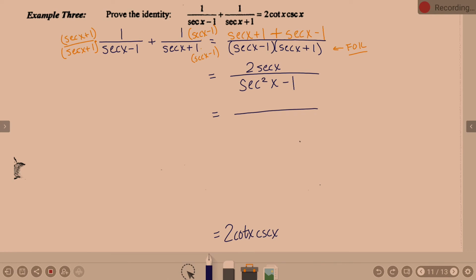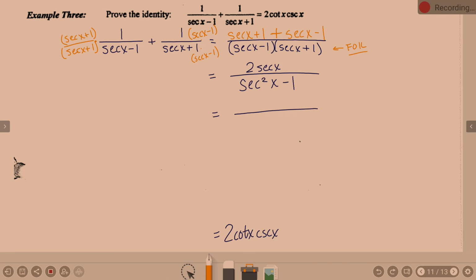Secant squared x minus 1 equals tangent squared x. What are you guys seeing? There is a Pythagorean identity, yes? That same rule: if you see squared trig functions added or subtracted to other squared trig functions or ones, it's likely a Pythagorean identity.